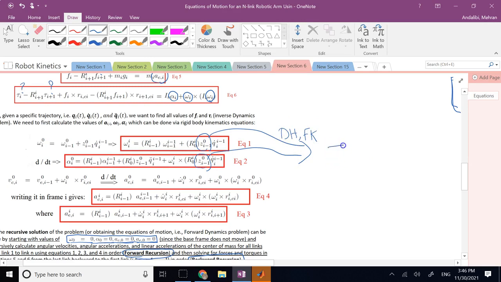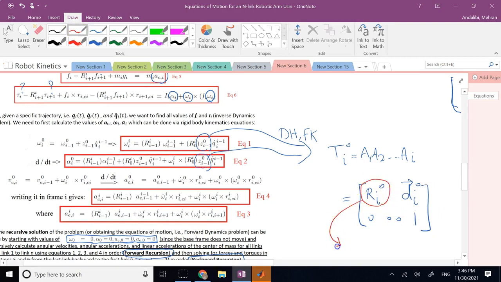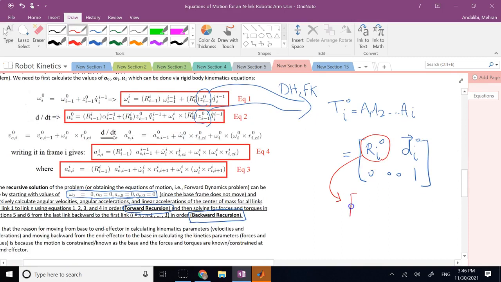for each frame, I have a T matrix, T of i in 0, which is A1 times A2 all the way to Ai. And if you remember, this is R of i in 0, d of i in 0, then 0, 0, 0, 1. And this R of i with respect to 0 has 3 columns.